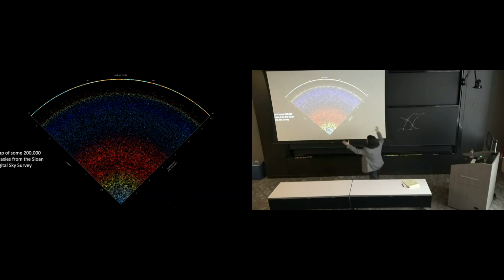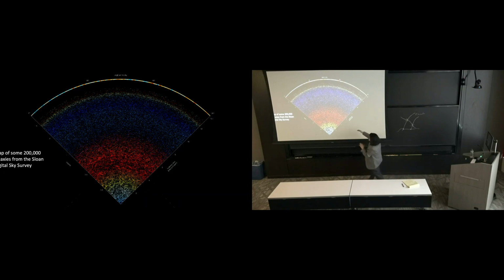This is some slice of the universe looking out from where we are here, back at more and more distant galaxies in this slice of the sky.